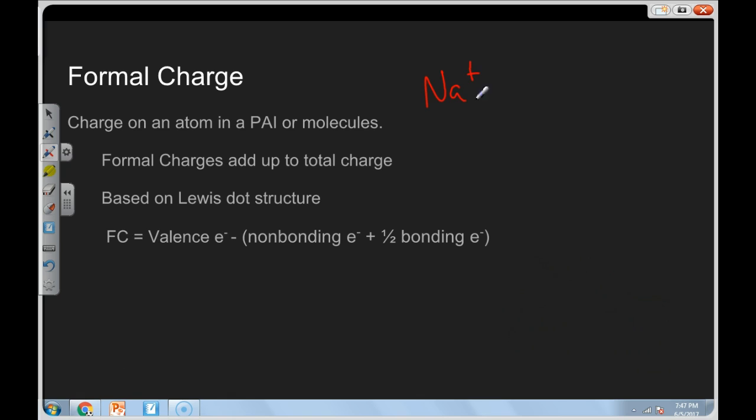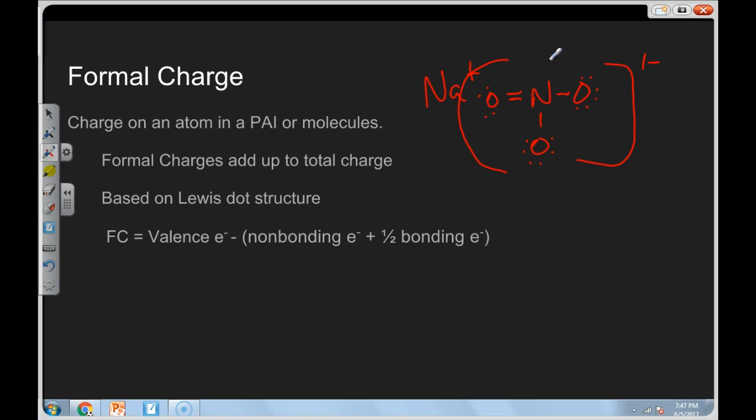sodium plus, where this guy has an absolute dedicated charge because it's lost an electron. What we're dealing with is what the potential charge would be around the atoms, and nitrate is this, and then you put it in brackets and you put a 1 minus there.